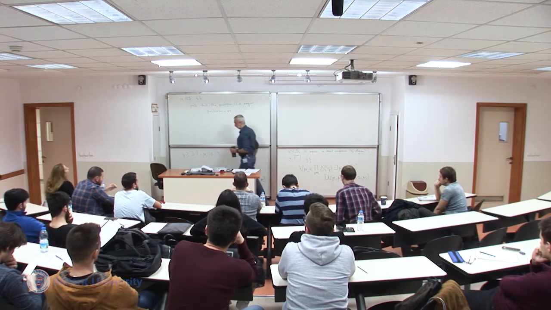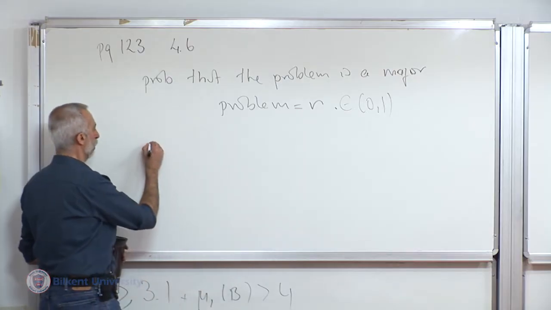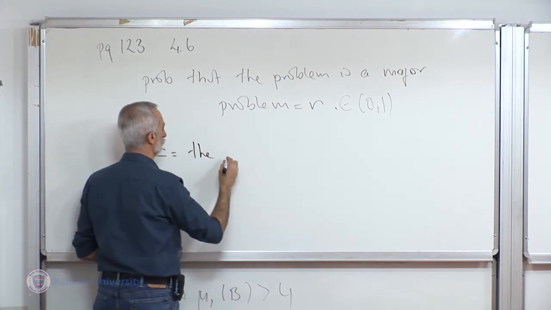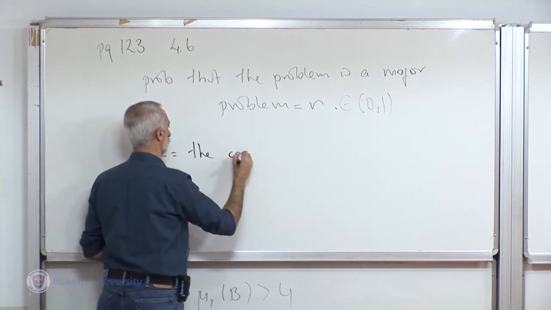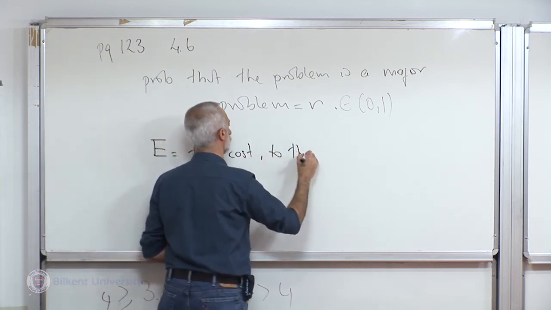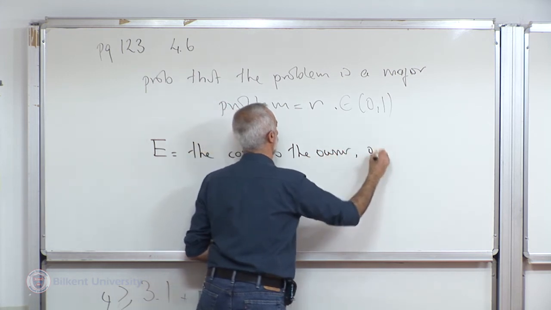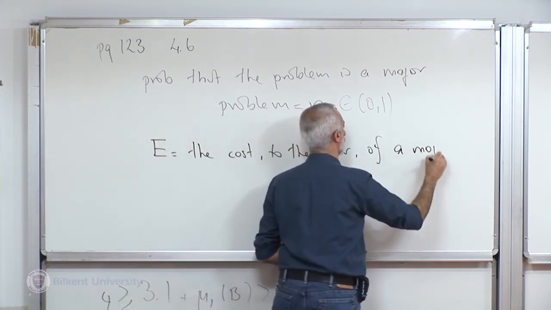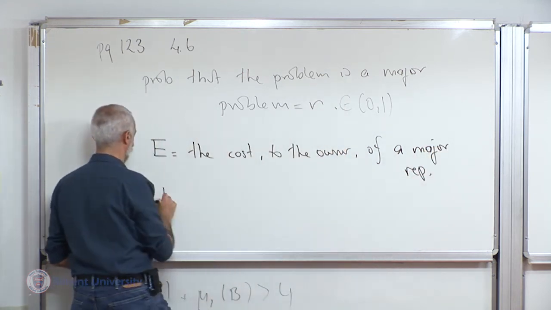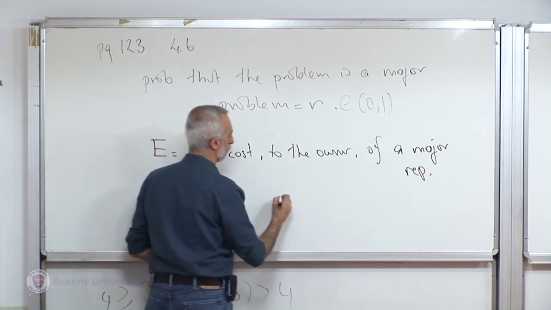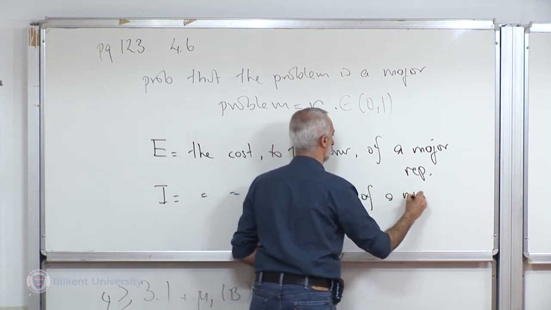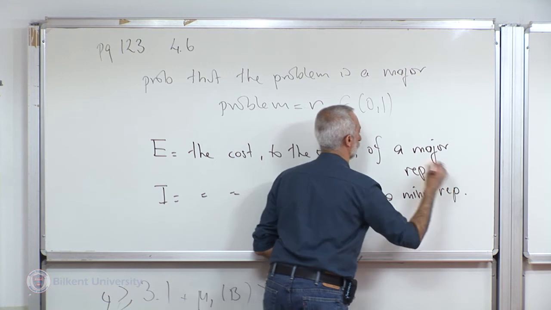So the fee, Osborne uses the letter E to denote the fee, the cost to the owner of a major repair, and he uses I, the cost of a minor repair.